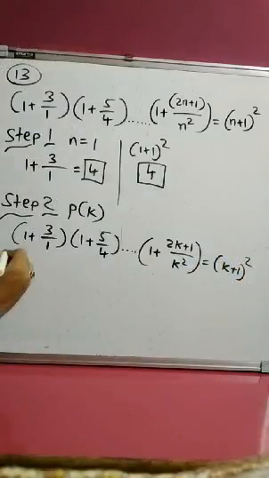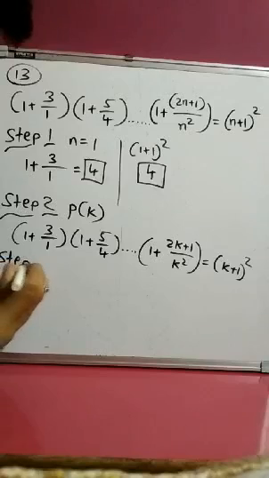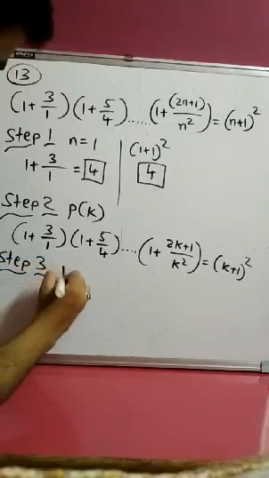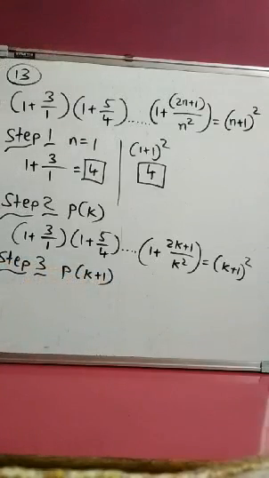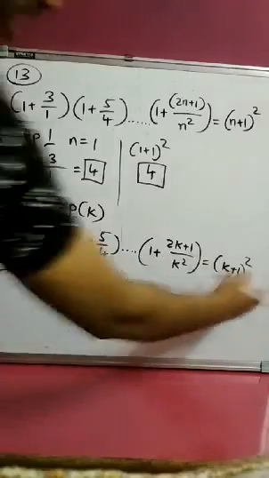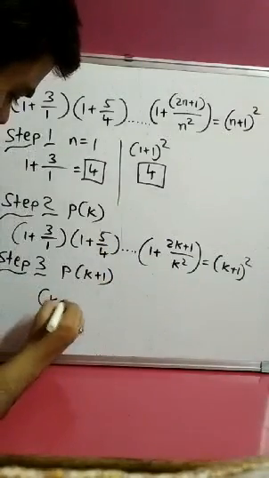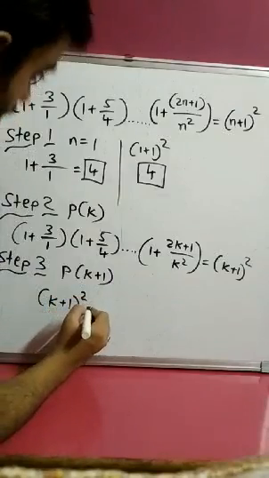Now step 3, P of k plus 1. So P of k plus 1 is there. So this I am writing directly, k plus 1 whole square.